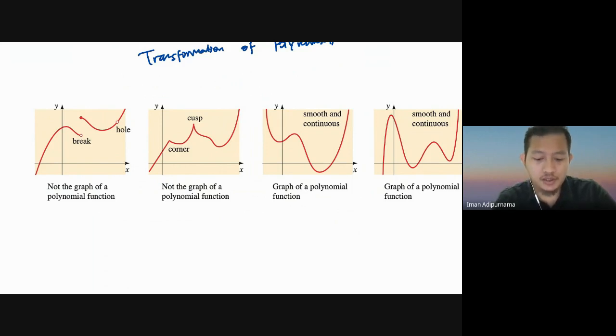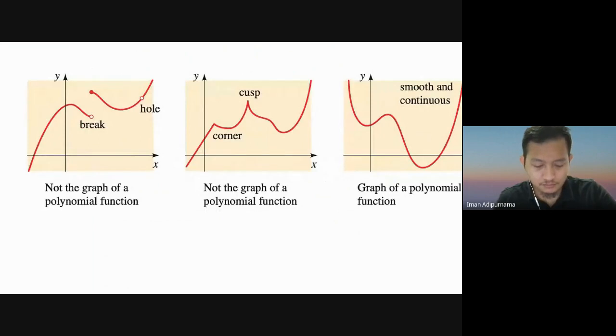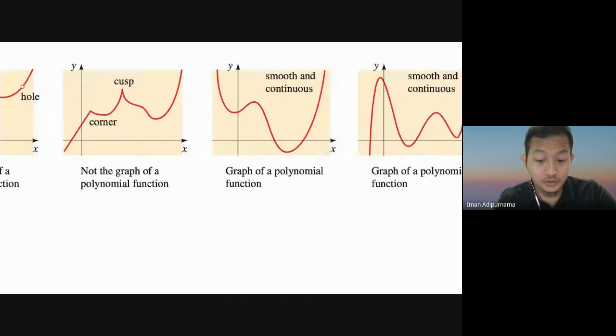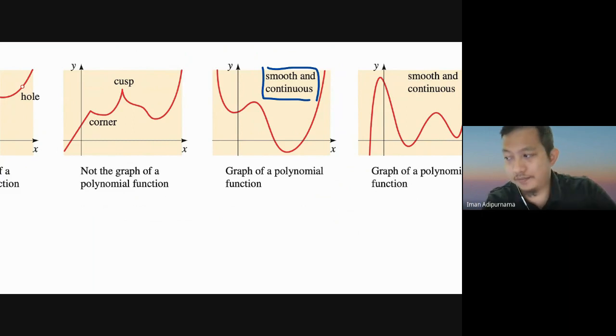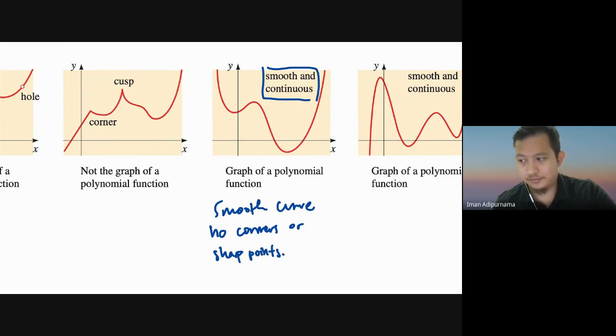So this is also similar to the continuity idea. The graph of a polynomial function will be smooth and continuous. It should be. So it has a smooth curve, with no corners or sharp points.